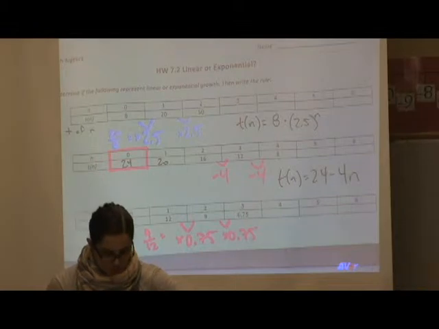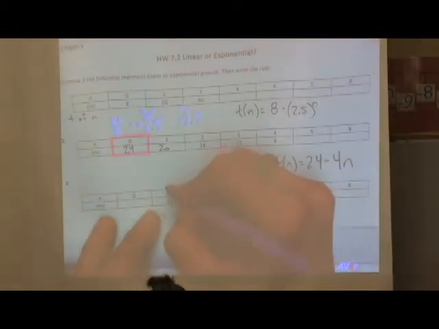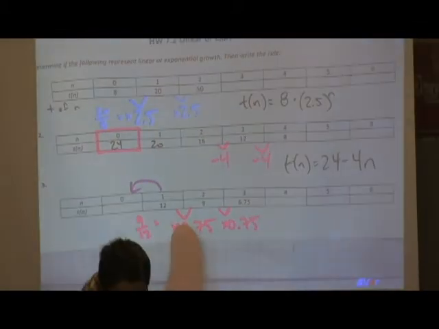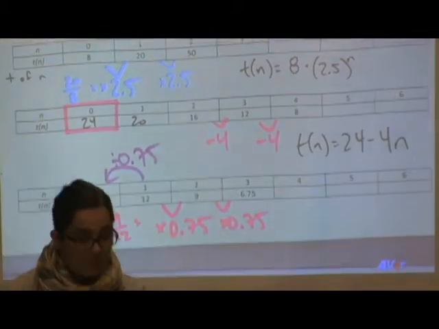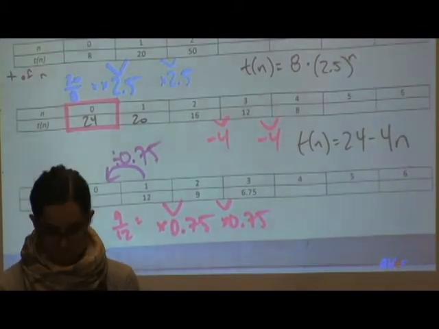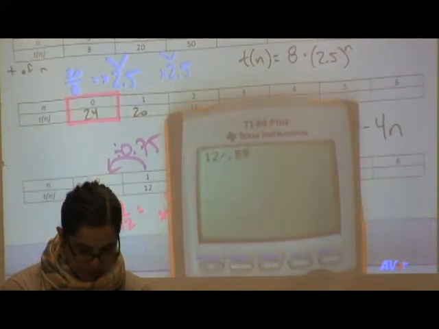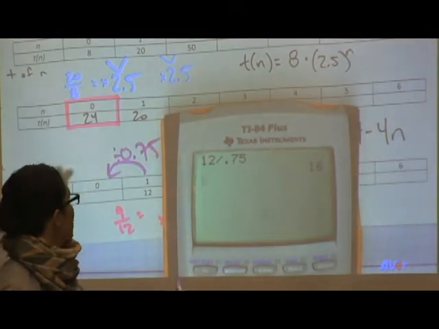So if I wanted to go backwards, of course, instead of multiplying to go backwards, I'm going to divide. Going backwards, 12 divided by 0.75, you get 16. And then you can write your equation.